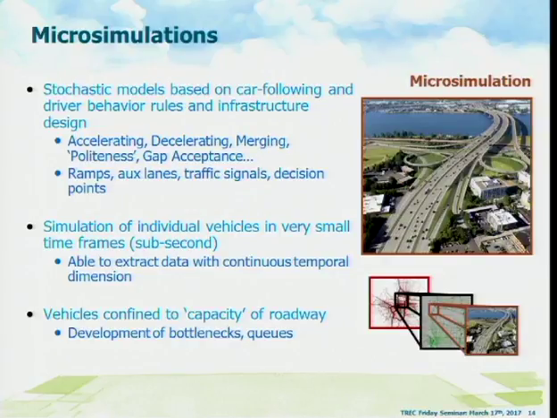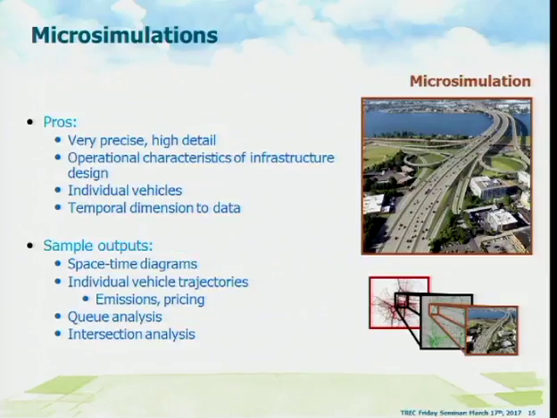And they are confined to theoretical roadway capacity, meaning if there are too many vehicles trying to use the roadway, you will get a bottleneck. You will see queuing or congestion forming and backing up. And you will get gridlock eventually if you have too much demand. So they're much better at modeling what's going on in the real world.